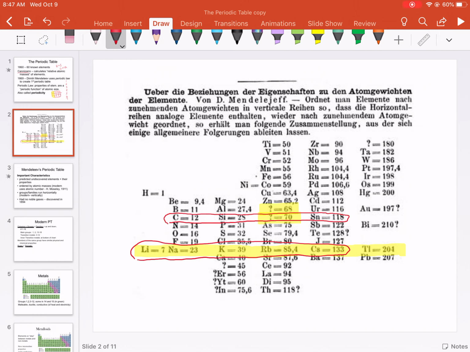And so he predicted that there must be something with a mass around 70 that fits in there that just hasn't been discovered yet. And actually, he was 100% right. It turned out, later on, it was discovered that this element, germanium, did fit perfectly into that spot and has a mass of about 72. So he was a little bit off on his mass guess, but pretty close at the same time.